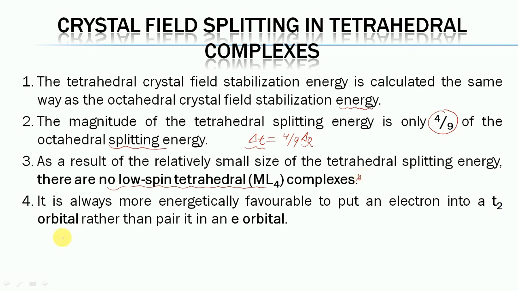And the last point: it is always more energetically favorable to put an electron into a T2 orbital rather than pairing the electron in an E orbital. So these are the main points which you have to keep in mind in the case of tetrahedral complexes.